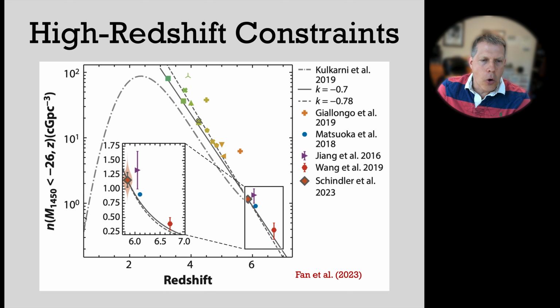And you can see the overall evolution of the quasar population that I've already talked about. But this plot focuses on the measurements that are being made at high redshifts, starting at redshifts of perhaps around 3 and going all the way up to redshifts of 4, 5, 6, even pushing out to redshifts about 7. And you can see that there is a very strong decline, okay, as you go toward high redshift.